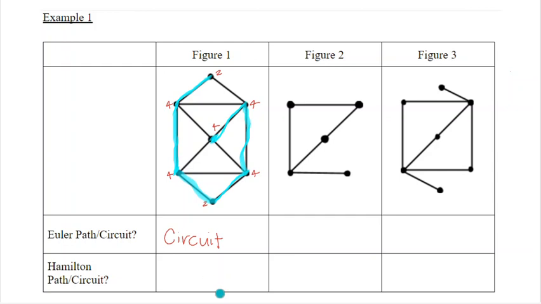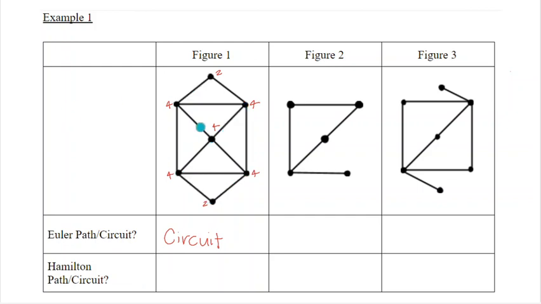So this blue line goes to each vertex exactly once and begins and ends at different vertices. This is an example of a Hamilton path. The question is, can we create a Hamilton circuit?